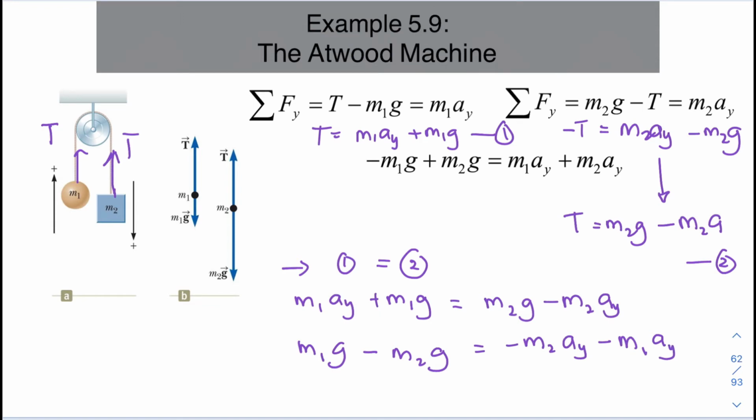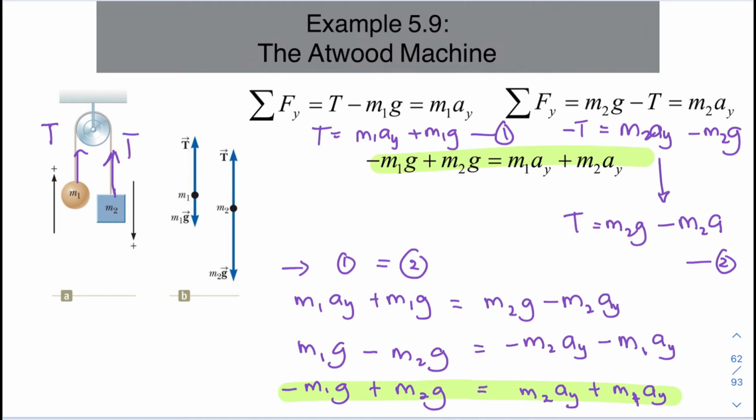If you want to make it positive on this side, then both sides you have to multiply by negative 1. Then you're going to have M1G plus M2G equivalent to positive M2 AY plus M1 AY. Alright, so this is similar to this one.